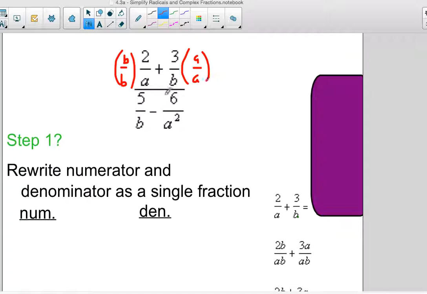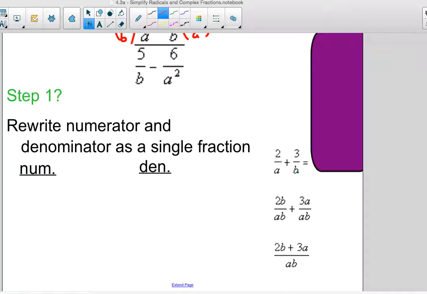And all that that's going to do is make my denominator ba, so I'm going to have 2b over ba plus 3a over ba. I can do that because they have the same denominator, ab, ba, same thing. So that's going to simplify to 2b plus 3a all over ab. I no longer have two fractions in the numerator, I only have one fraction in the numerator.